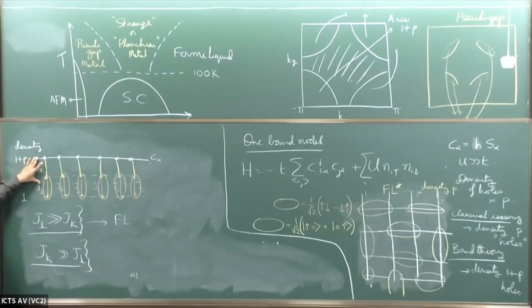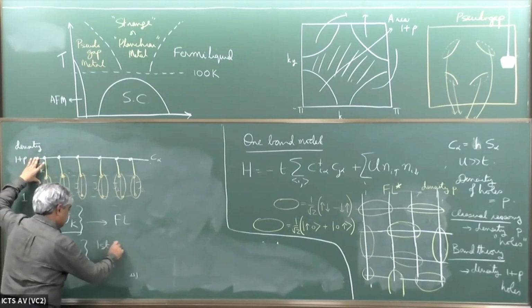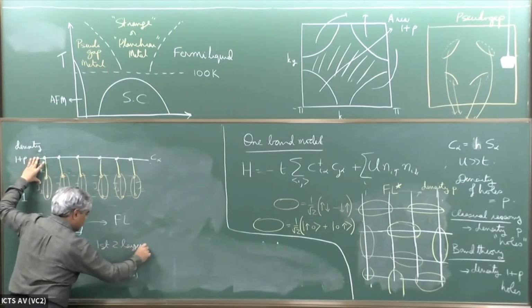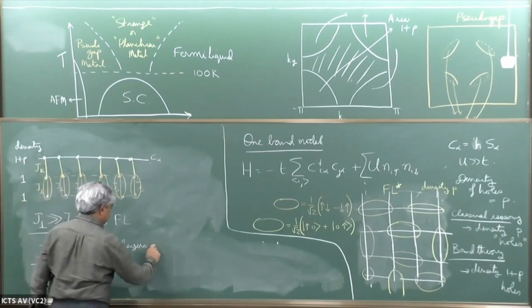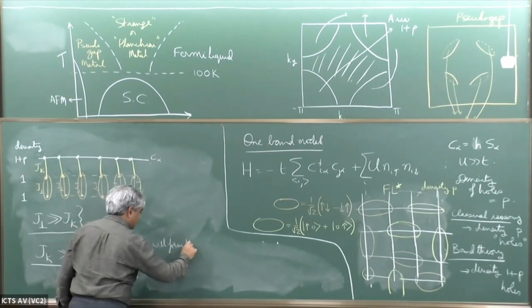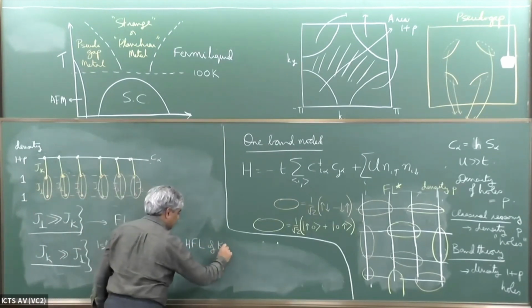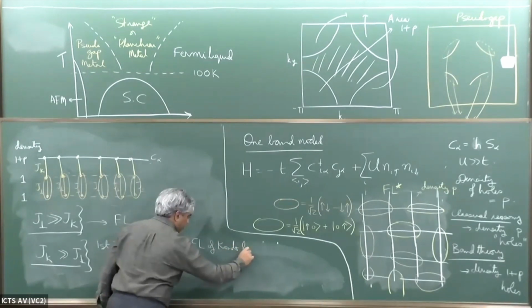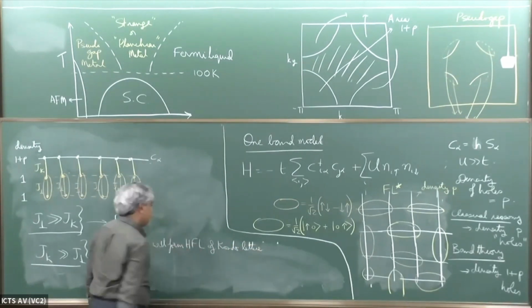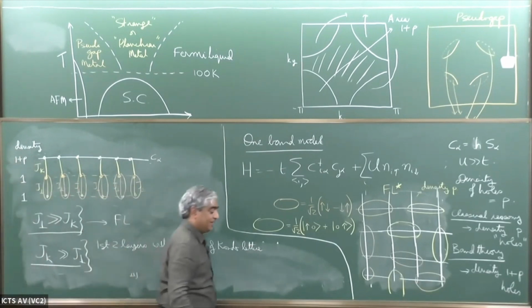So the first two layers will form the heavy Fermi liquid state of the Kondo lattice. Okay. What's the density of electrons? What's the size of the Fermi surface? So what we learned previously is that the size of the Fermi surface is large.